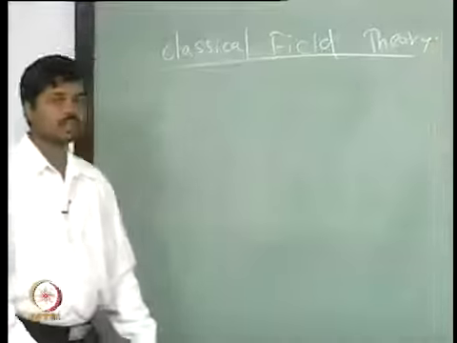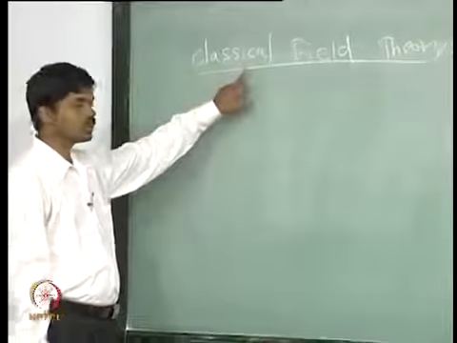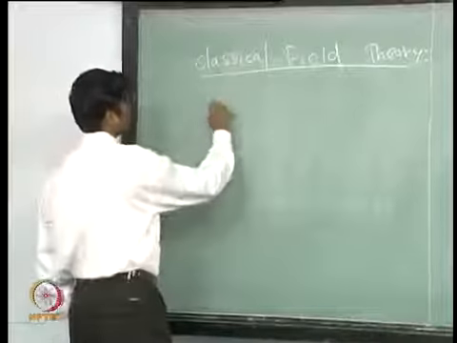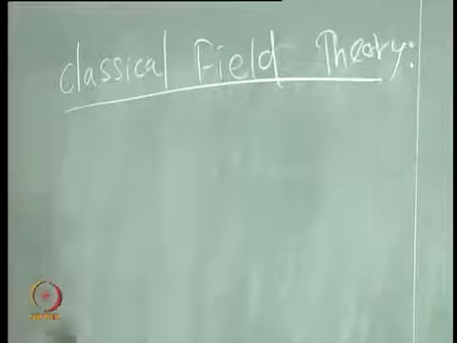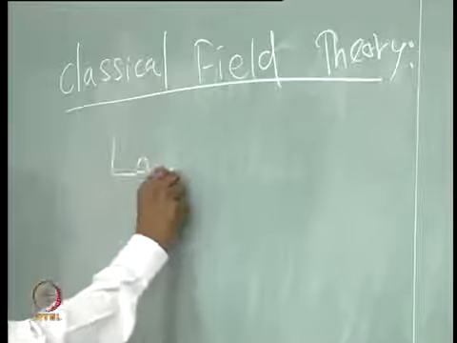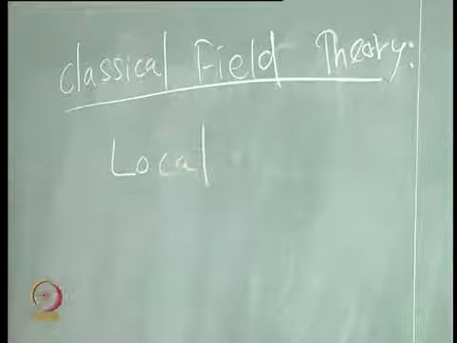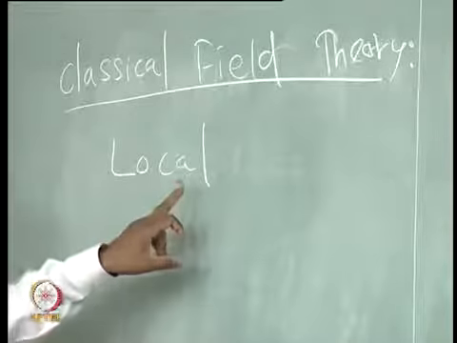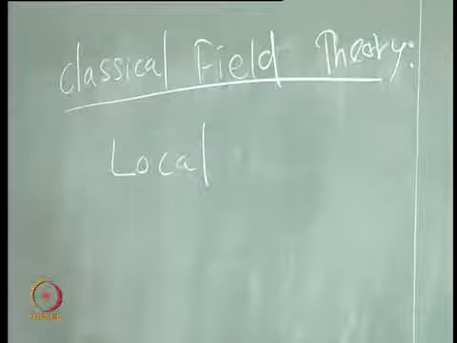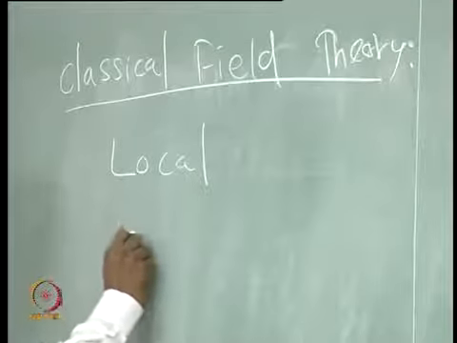The classical field theories that we are going to quantize have various properties. We are going to discuss classical field theories which are local, in the sense that the equation of motion contains a finite number of derivatives.